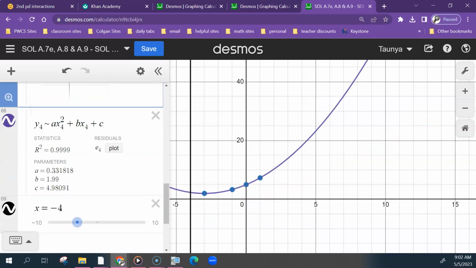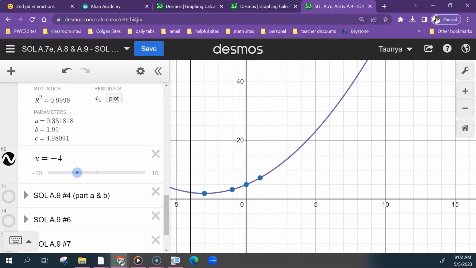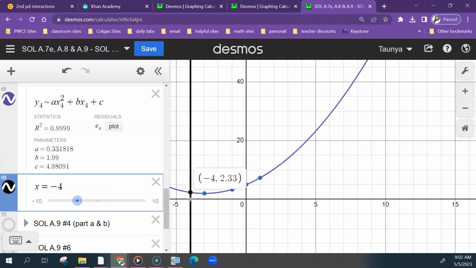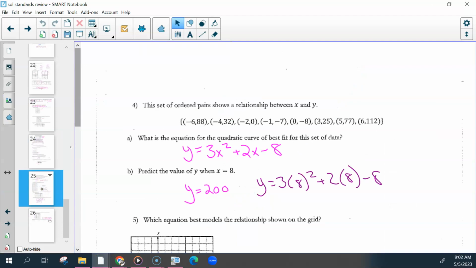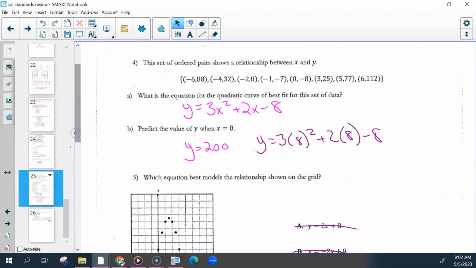Three, when you put those in and do your x equals -4, just find out where they intersect. And that's how I got that one. Part A was y equals 3x squared plus 2x minus 8.